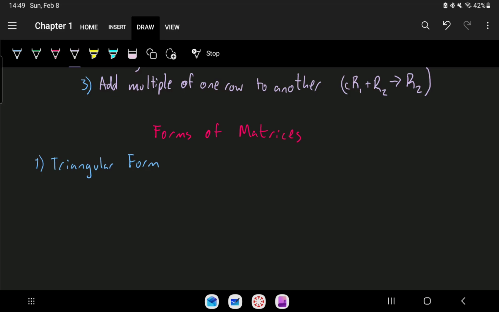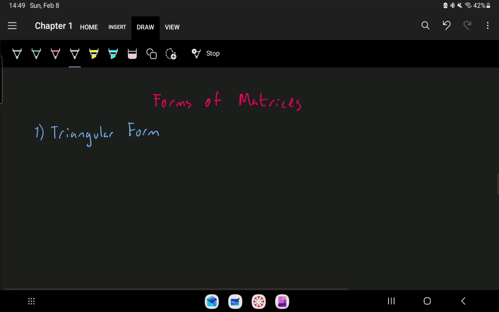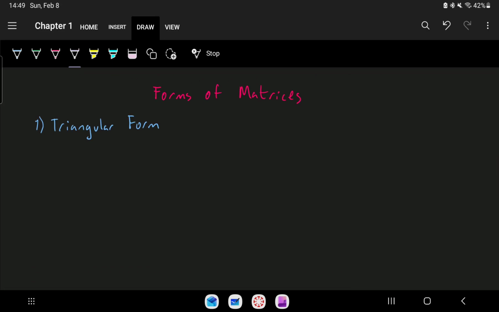Okay, so before we get into some examples, I just want to outline a few different forms of matrices. The first, really general form is going to be called the triangular form. And I'm just going to draw out a little example. So say that we have some matrix, right? If it is in triangular form, all of the rows that have non-zero numbers, so I'm just going to write 2 and something.